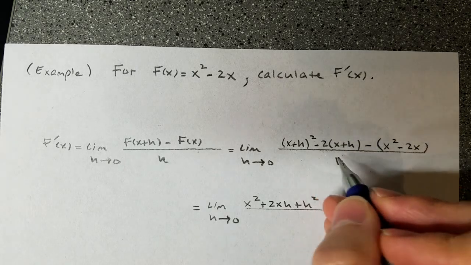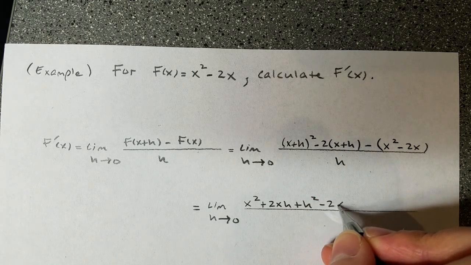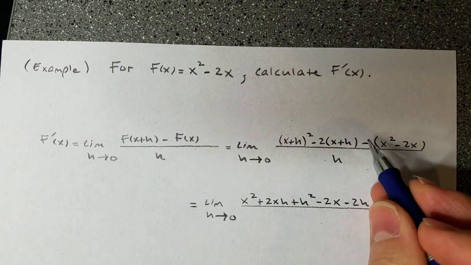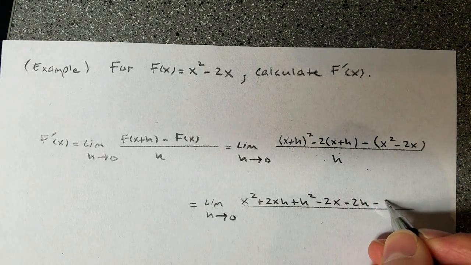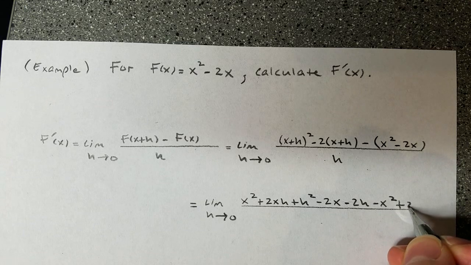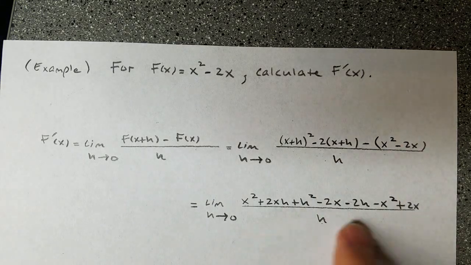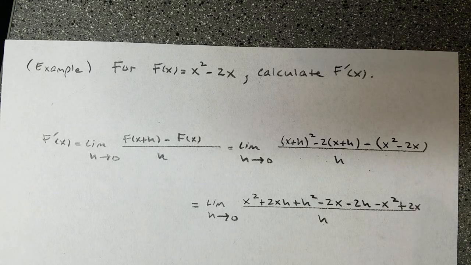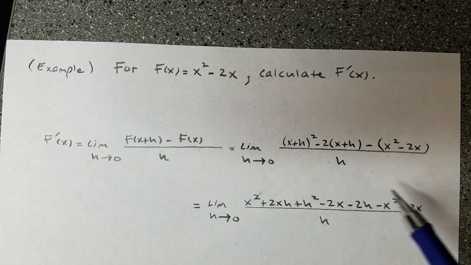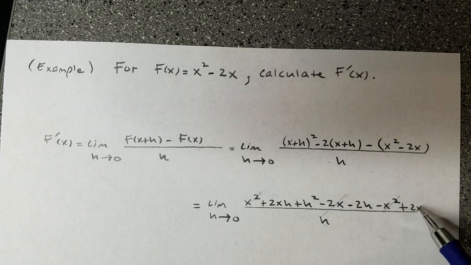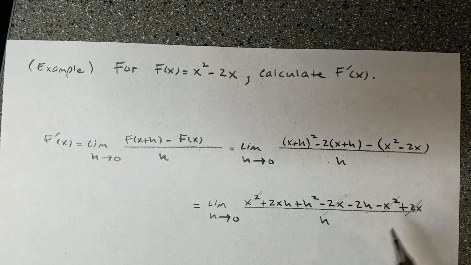And then if I distribute this negative 2, I'll get negative 2x minus 2h. And if I distribute this subtraction, I'll get negative x squared plus 2x. Now, when you do that, you'll find a lot of this stuff does cancel. Such as the x squared cancels with this one. The negative 2x cancels with this one. And we have some stuff that's left over, but let's see.